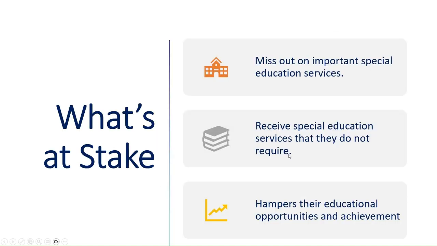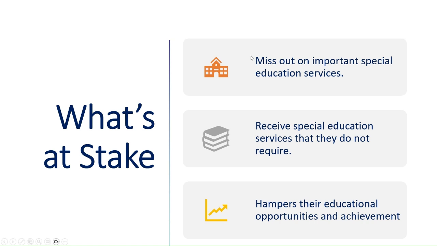All right, let's move on to the next part. So, what's at stake? What is the problem with inaccurately evaluating English learners? As we have discussed, the consequences can be significant. First of all, English learners who truly have learning disabilities but are not accurately identified may miss out on critical special education services that could strongly support their academic growth. Right?